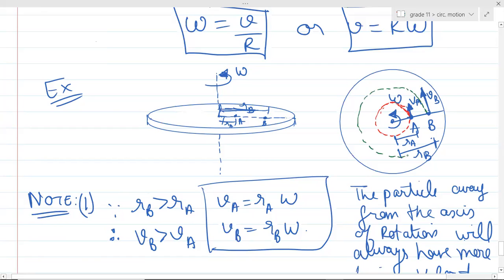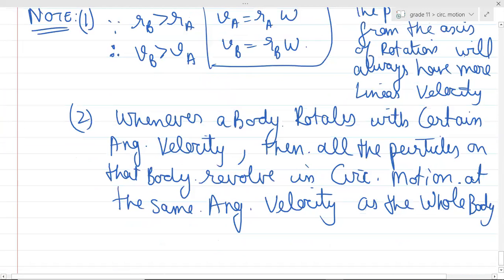Did you understand this particular point? So all the points on the body will be moving in a circular motion, but with different speeds. Is this clear?